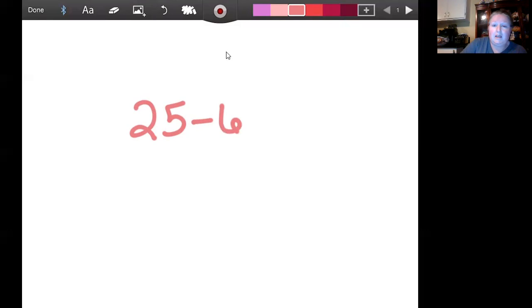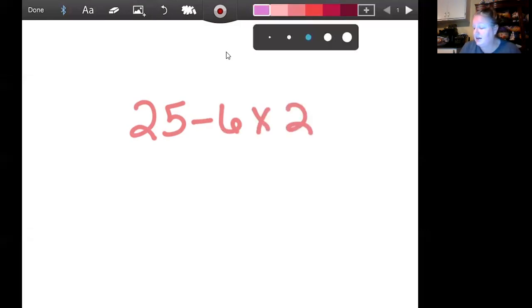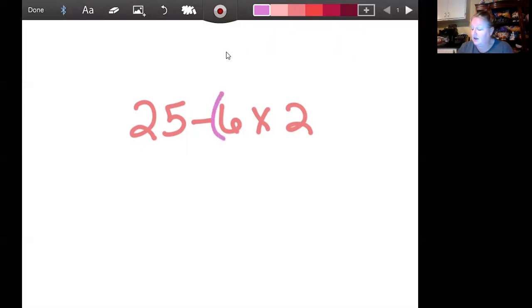All right, so the last one says, add parentheses to the expression below. 25 minus 6 times 2. Now, parentheses can come anywhere, but since we are going off what we know, that you do multiplication before subtraction, we'll put our parentheses around the multiplication.